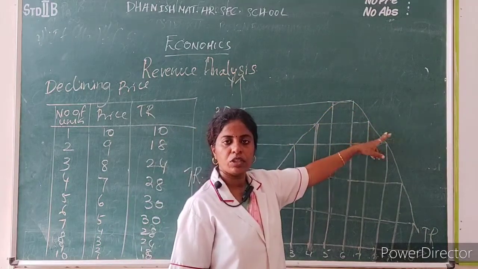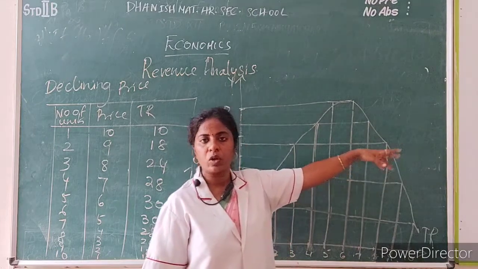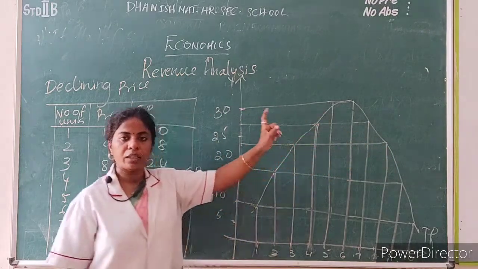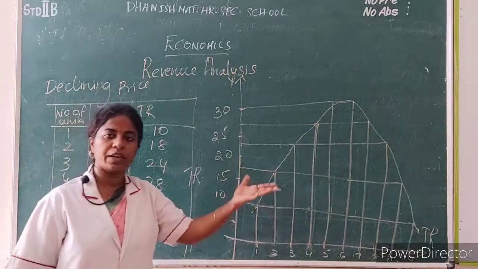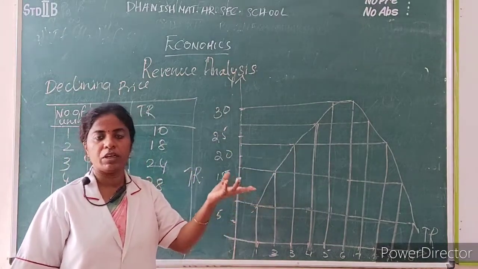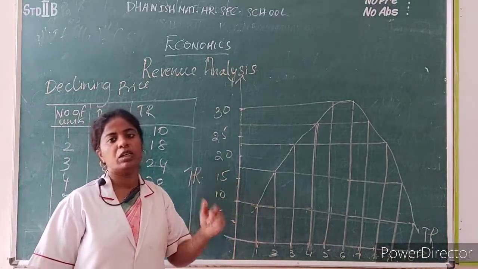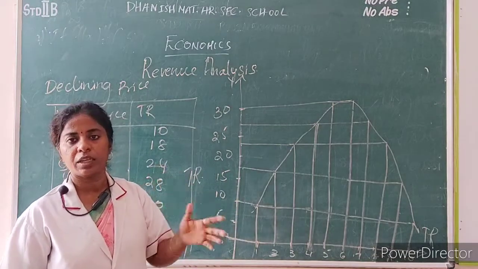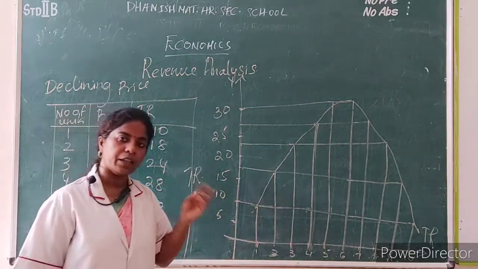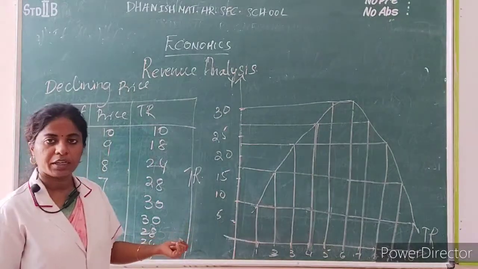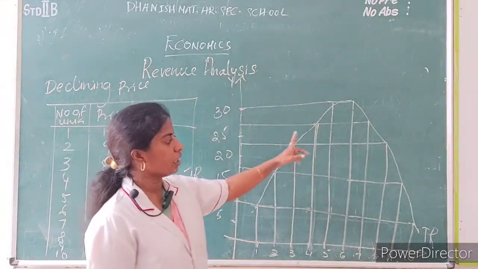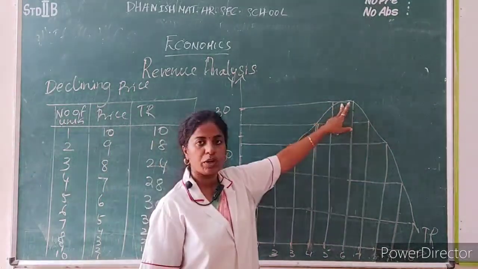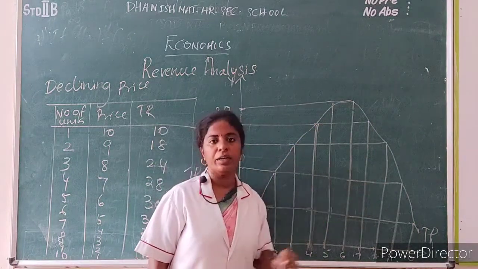The total revenue decreases because the price also started to decrease. Why did the price decrease? Because there is no availability of demand for the goods. So price decreased, demand decreased, and the profit also decreased. That's why the curve is like this: it increases, becomes constant, and then decreases.